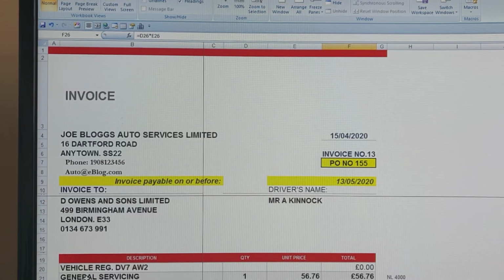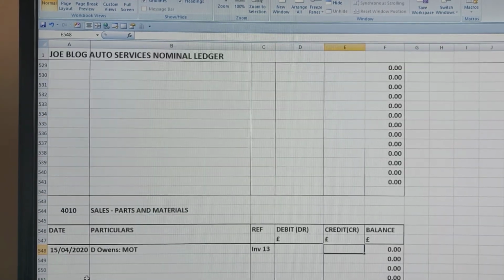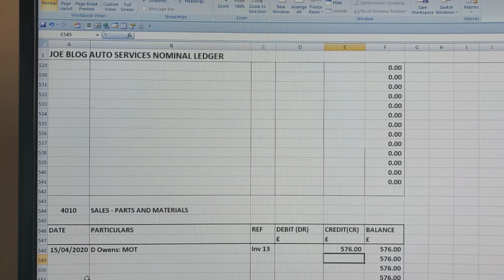What is the amount? £576. Again, credit.